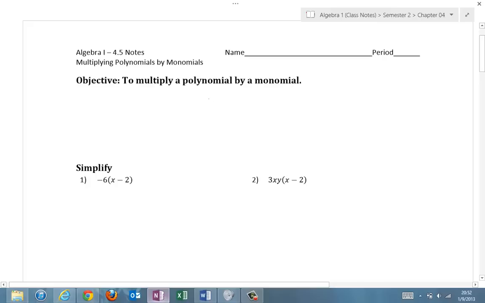So the purpose of today is to multiply a polynomial by a monomial, and the whole key to this is the distributive property. We said that there's the distributive property of multiplication and division over addition and subtraction.